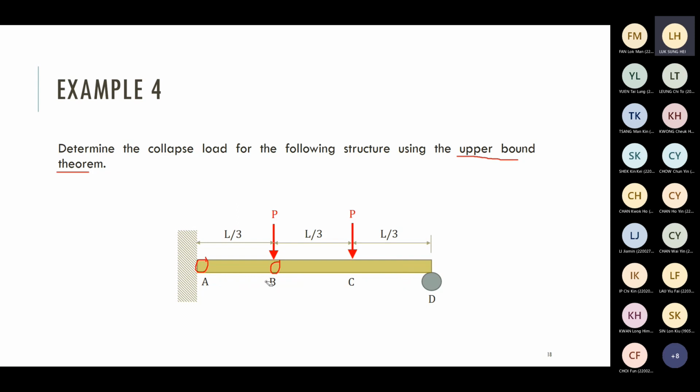But you may ask, why is it formed at point B? Why not point C? Actually, point C is also one possibility. The hinges may form at point A and point C. It will also give you this kind of unstable mechanism. Is there more options?